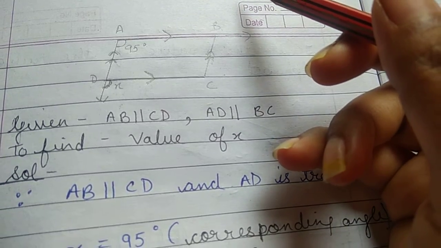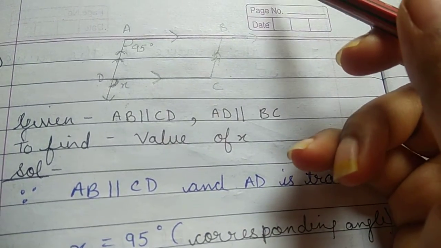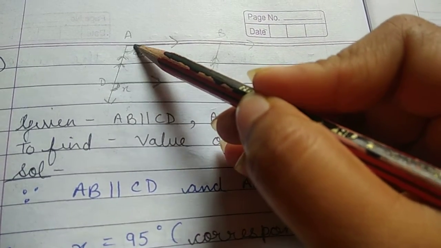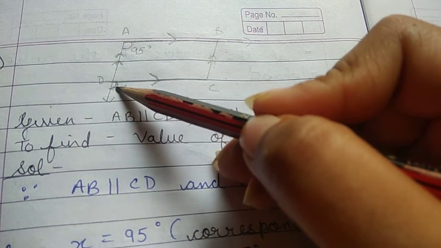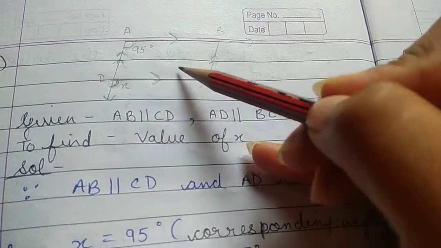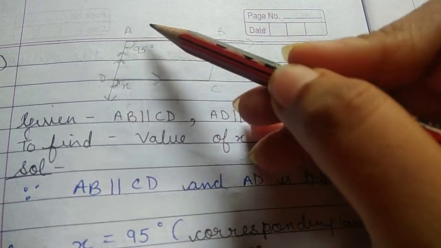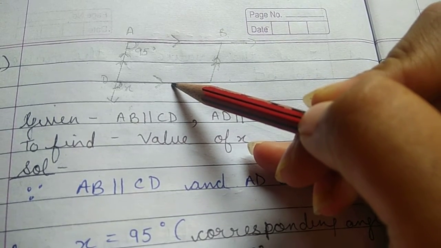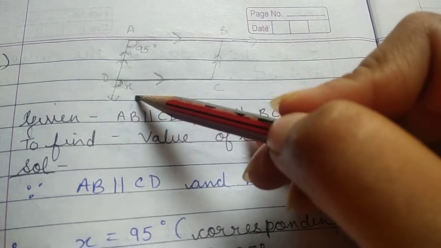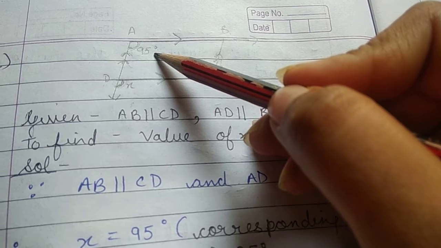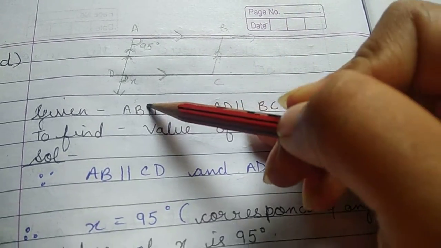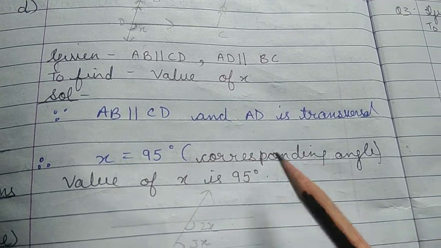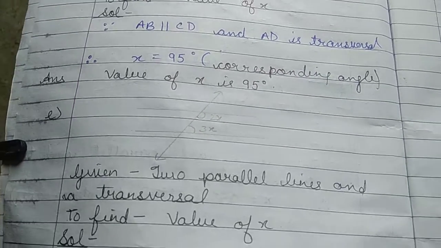So first condition for corresponding angle is verified, and second 95 is again below the line, and here also angle X is formed below the parallel line. So both the angles are below the line and they are on the same side of the transversal, therefore both the conditions of corresponding angles are verified. So X is equals to 95 because corresponding angles are equal to each other, and by which property? Corresponding angle property. So value of X is 95 degrees.